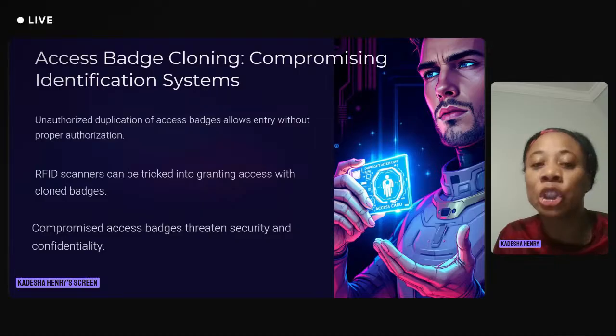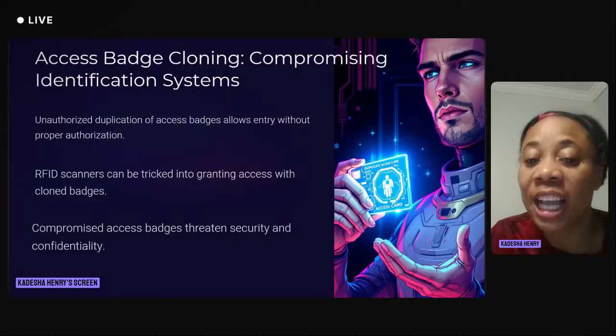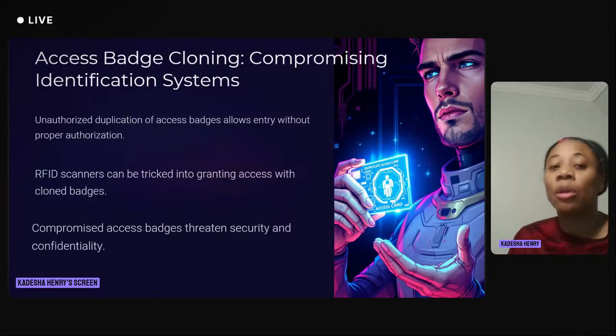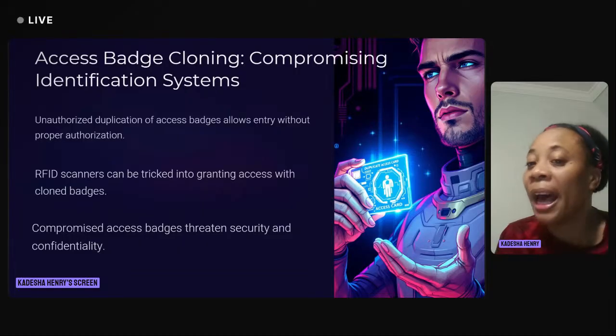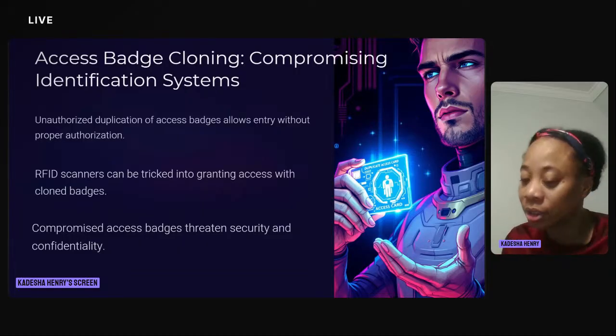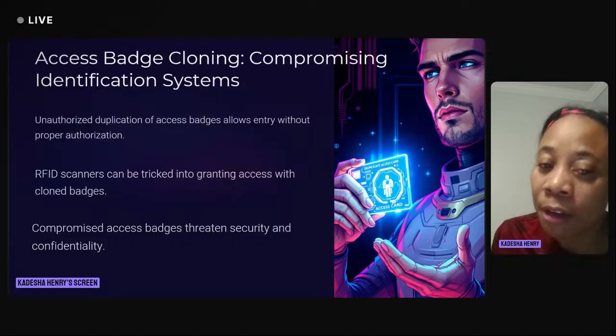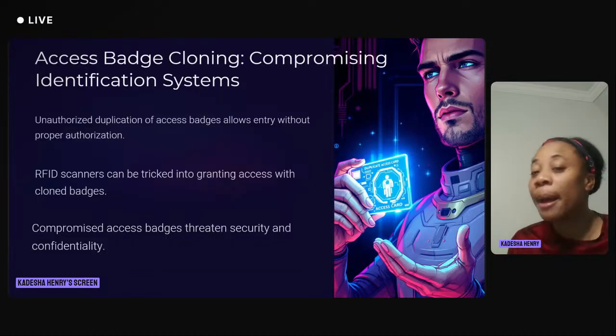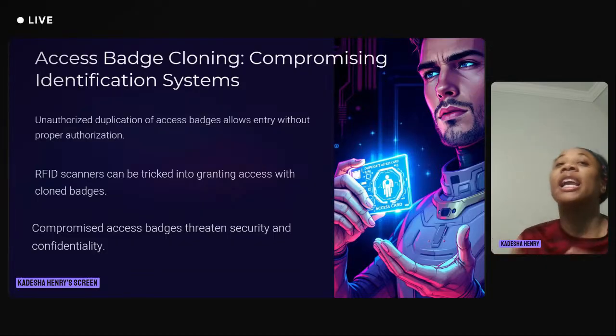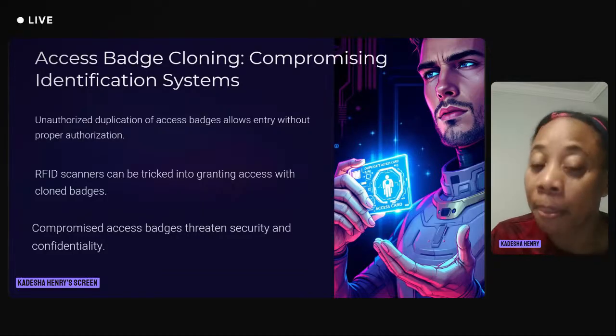Unauthorized duplication of access badges allows entry without proper authorization. If the badge gets into the hands of the wrong individual, they can clone it and gain entry into the property.